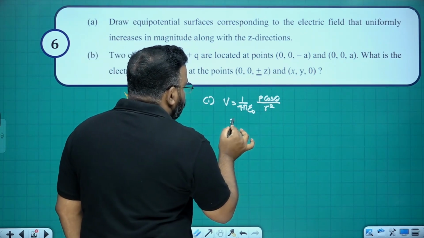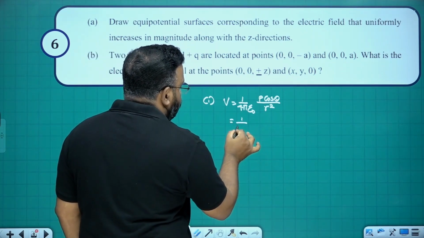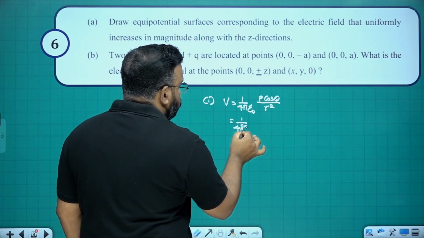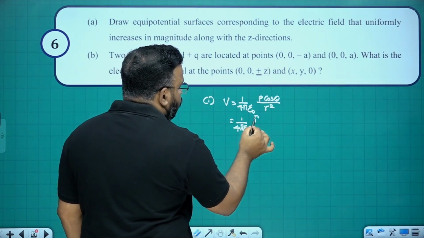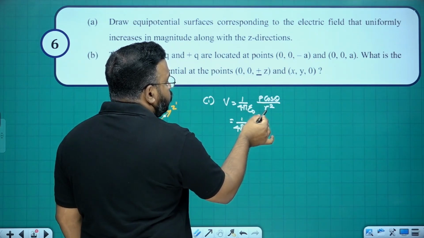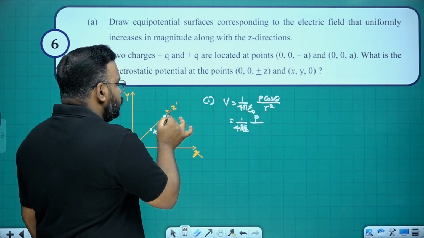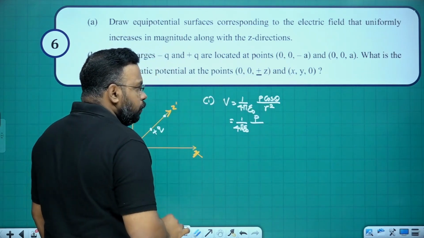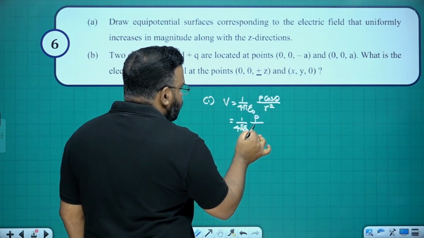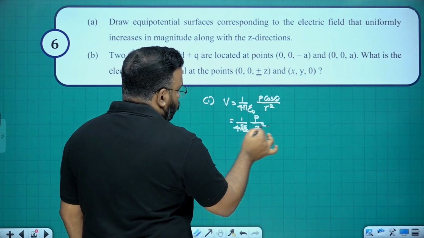So this is equal to 1 by 4 pi epsilon naught into, on axial line cos theta is 0, so we get P by r square. If it is along positive z axis, that means plus z, the theta will be 0, and for minus z theta will be 180. So first answer will be, here you can put z square.